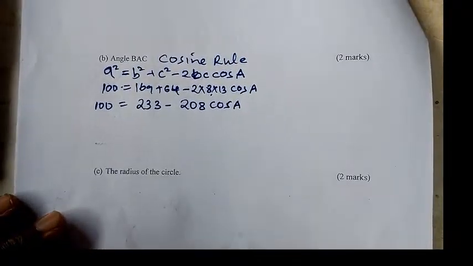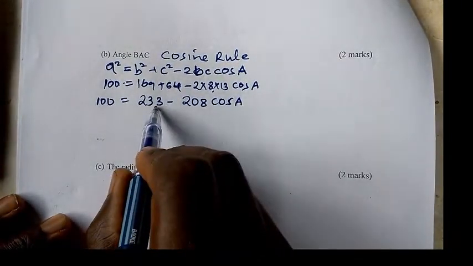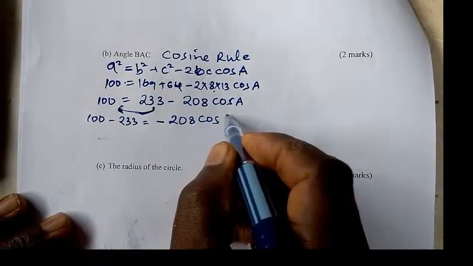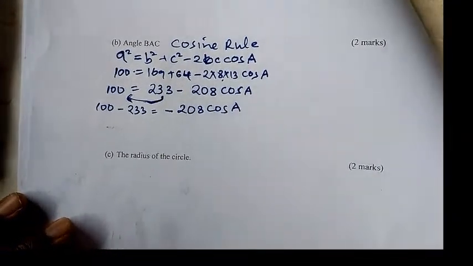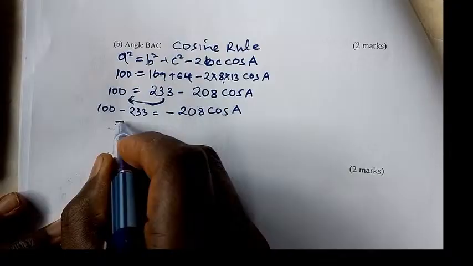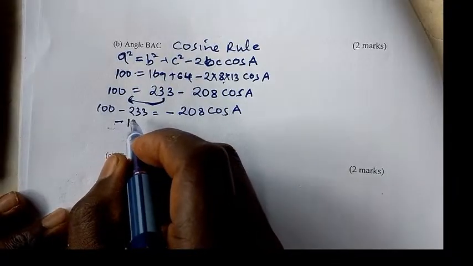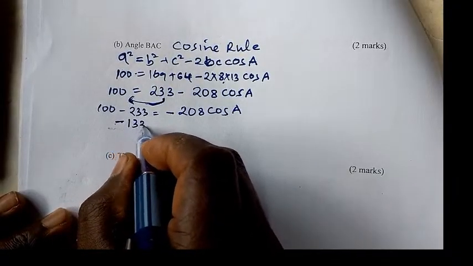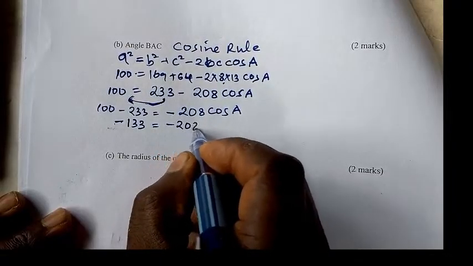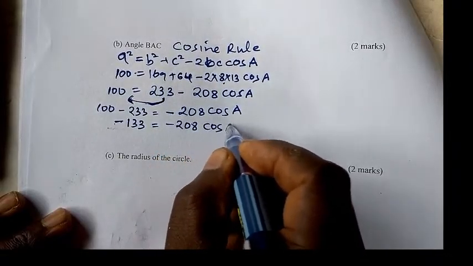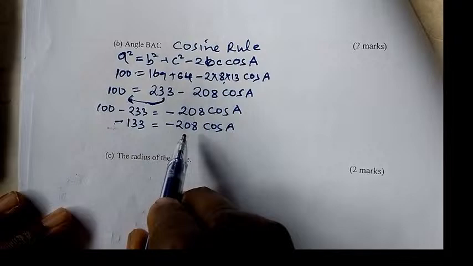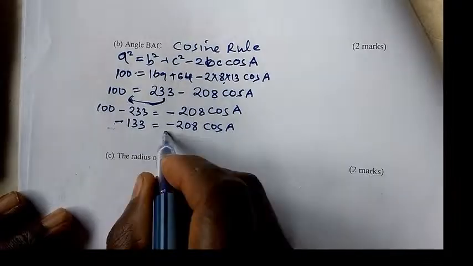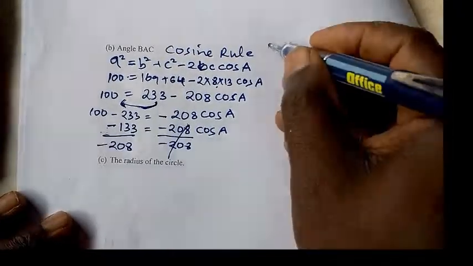So let us collect like terms together. Hii tutaipeleka pande hii, itakuwa 100. Now we subtract here, we are going to have 133 is equal to minus 208 cos A. Kutoa hii namba hapa, so you divide both by negative 208.